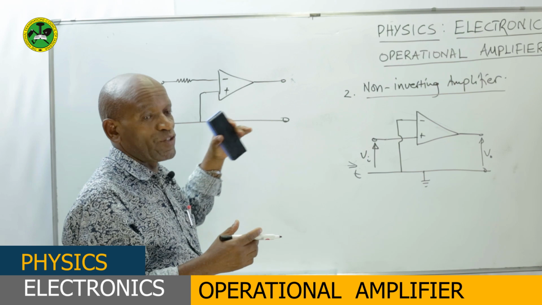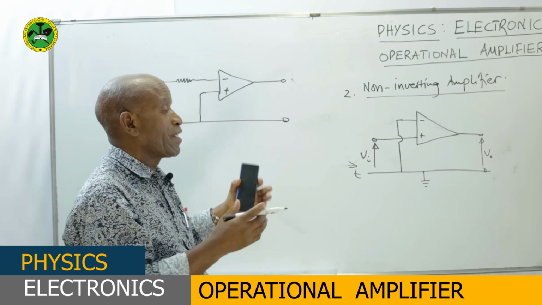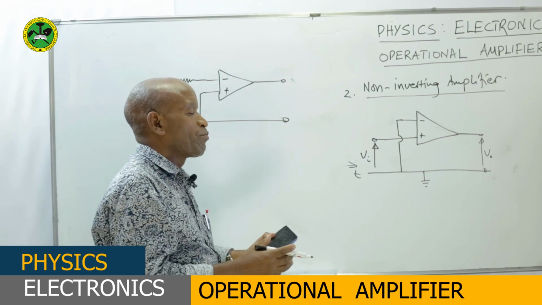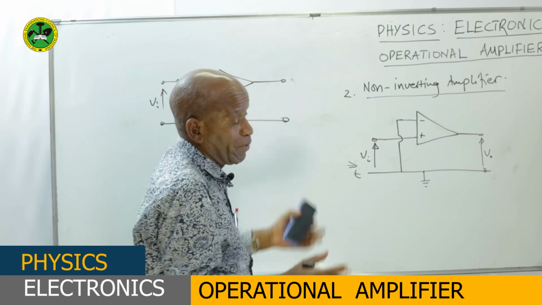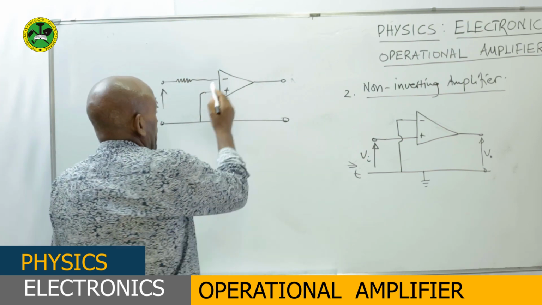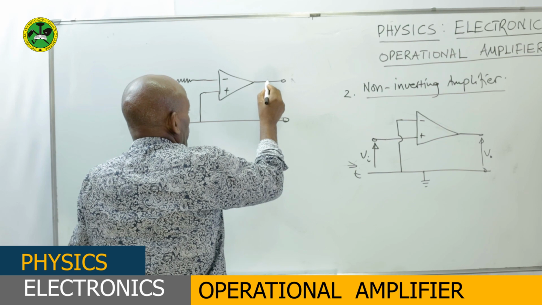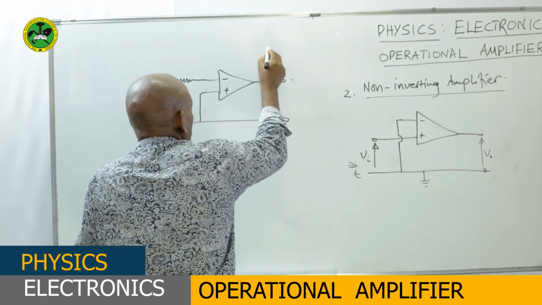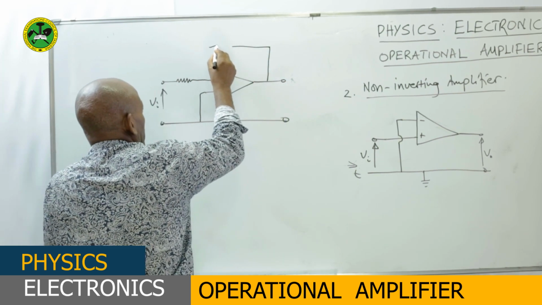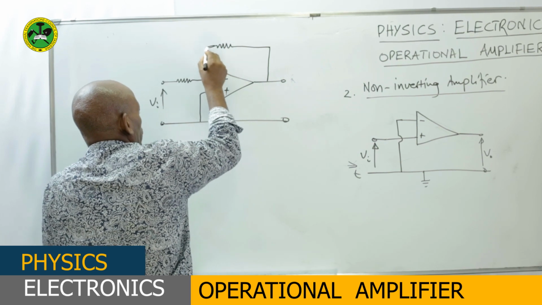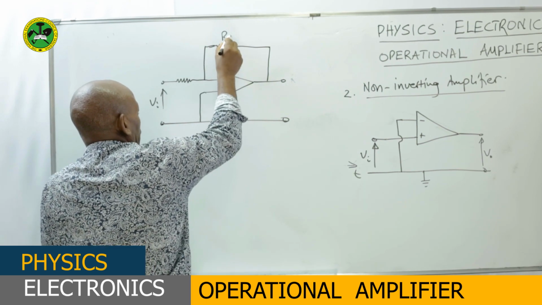But it is done for the purpose of making the operational amplifier more effective, depending upon the designer. This signal which is brought back should pass through a particular resistor, what we call a feedback resistor, RF.